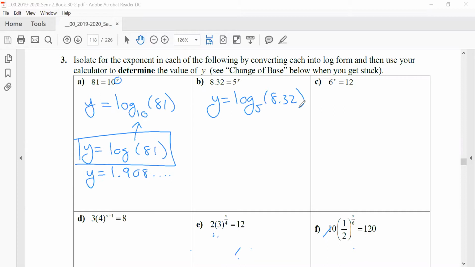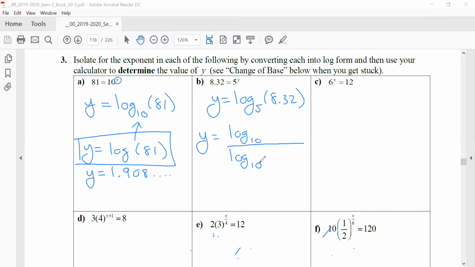But the rest of us without the log base button, what you're going to do is use something called change of base. Here's how change of base works. It's on my formula sheet. But really what you're going to do is you need to make this into base 10. And you're using this law called change of base. So it goes like this. I'm going to split my log up like this. I'm going to go a log divided by a log.